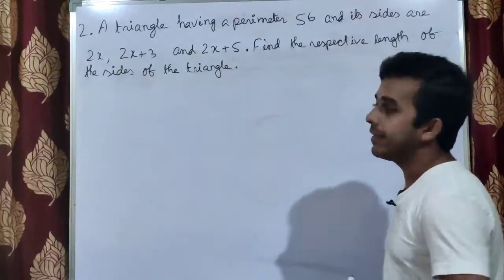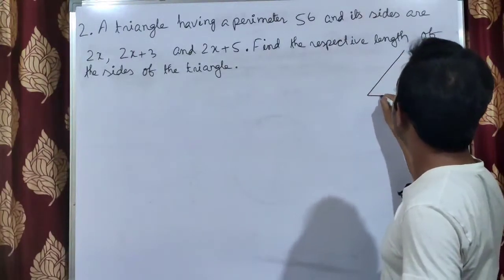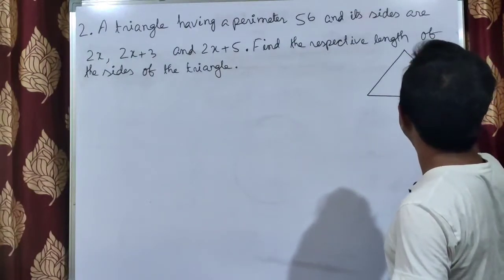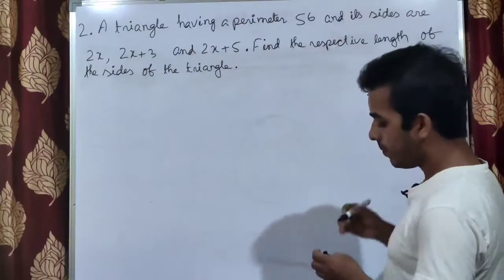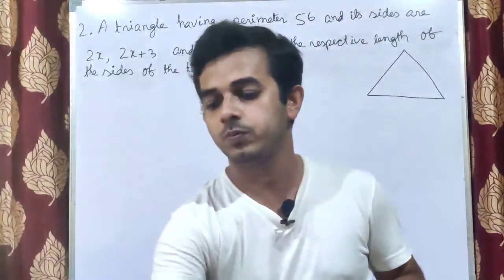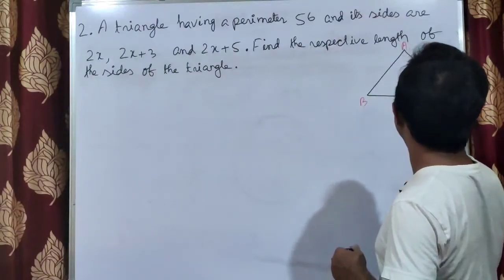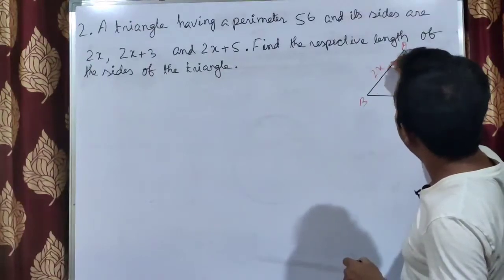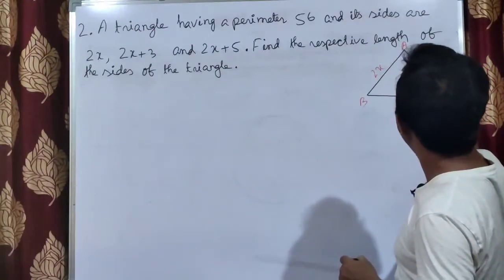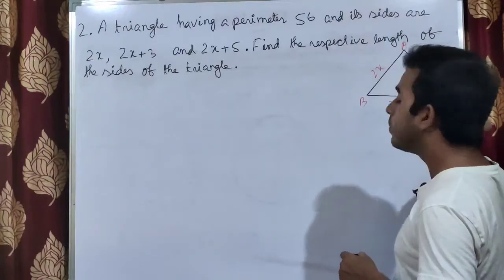So let us draw a triangle. Consider this is our required triangle, right? Suppose we name it A, B, C, and consider this side as 2x, this side as 2x plus 3, and this as 2x plus 5, right?